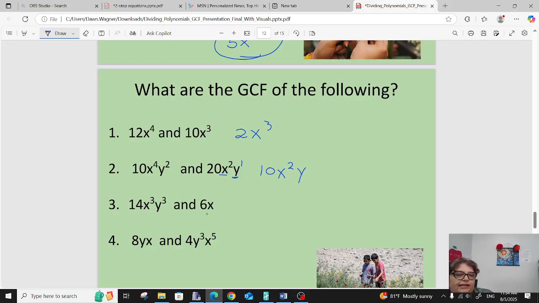Over here, 14 and 6 only have the number 2 in common. And I'm going to have an x. I will have no y, because this one does not have a y. So you do not put a y because they do not have a y in common. Remember, the key word is greatest common factor. So over here, it would be 4 and y and x.